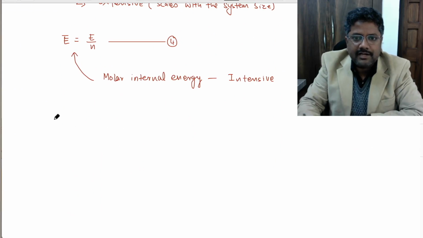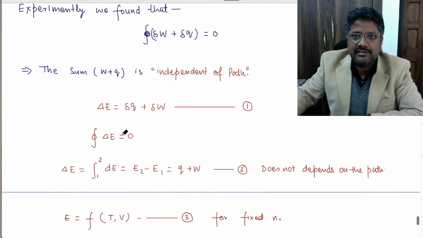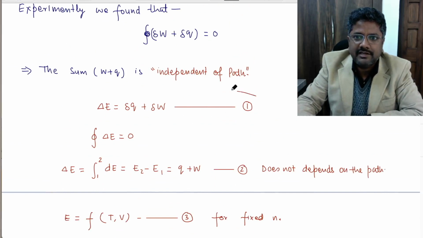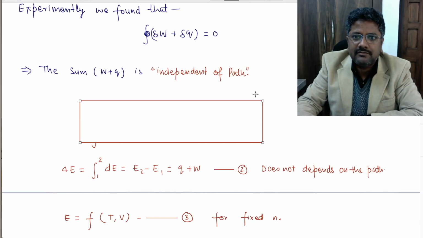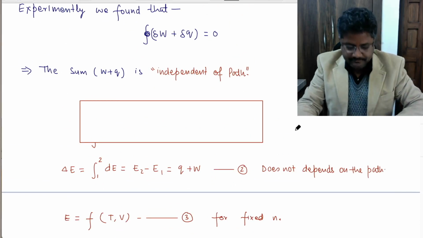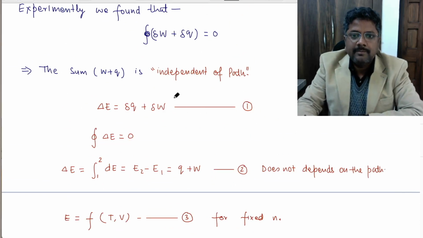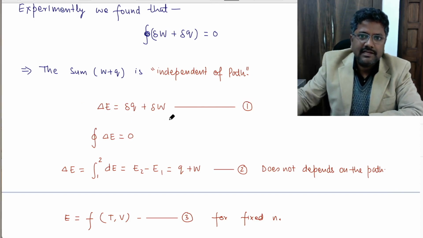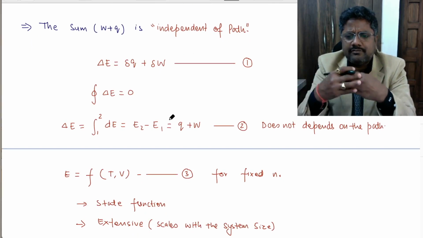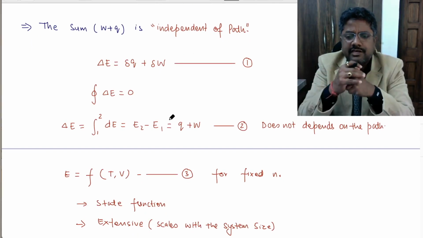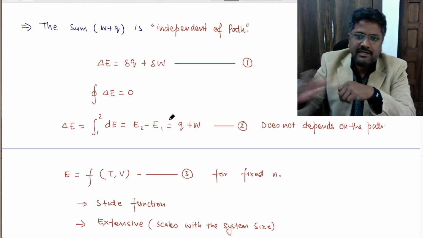For any cyclic process, if you are writing thermodynamics first law, the mathematical expression is this. This is the mathematical expression of the first law. So for a cyclic process, or for any kind of process, you can change this equation and get the desired equation.